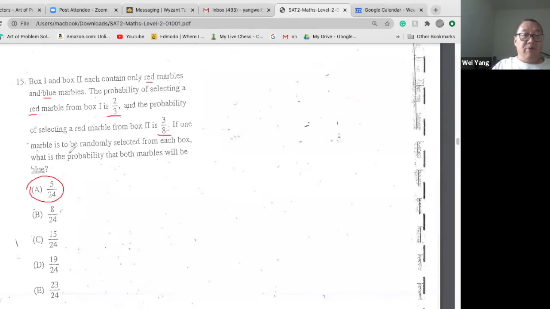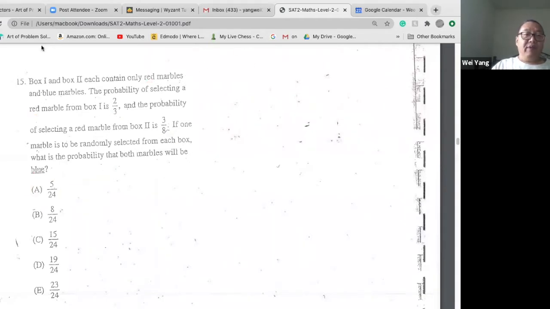If one marble is randomly selected from each box, what is the probability that both marbles will be blue? So choosing blue from box 1 will be 1/3. Choosing blue from box 2 will be 5/8. Then you require both are blue, so you multiply these together, and you get 5/24. Great, you're right.